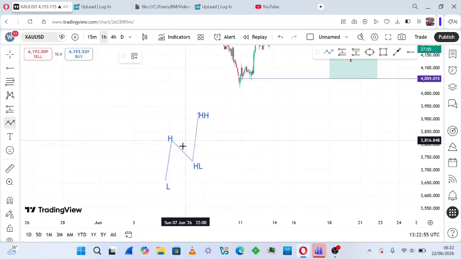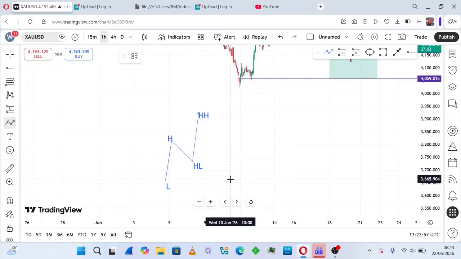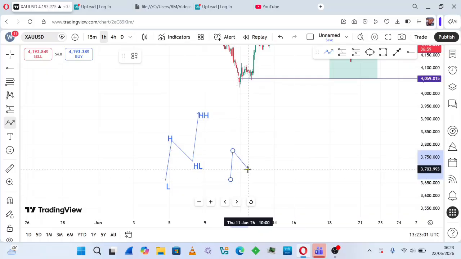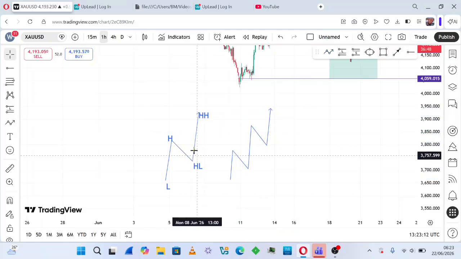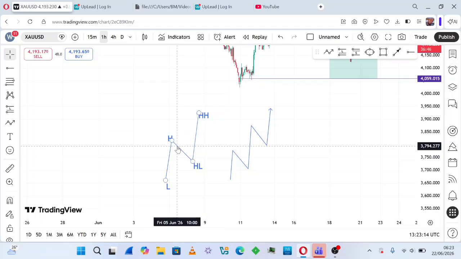Let's say this is the daily time frame. If you go to the 4 hour time frame, you'll be seeing multiple waves. Let's make it four waves. Okay, let's just say this is the daily time frame.